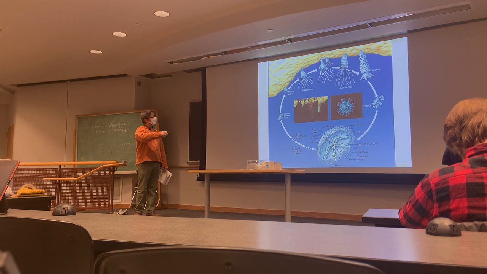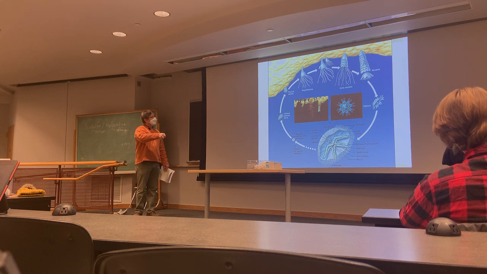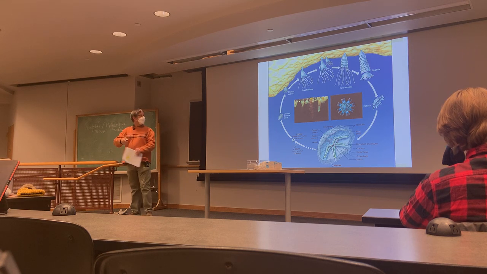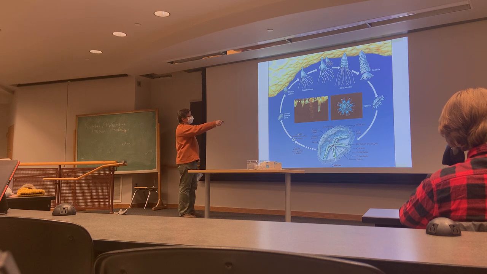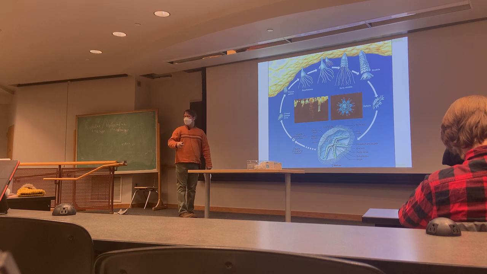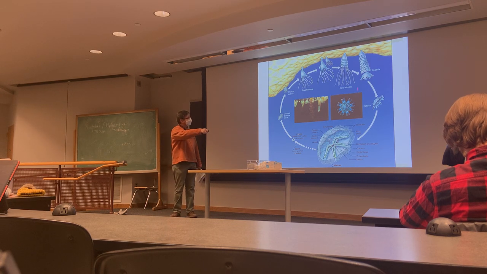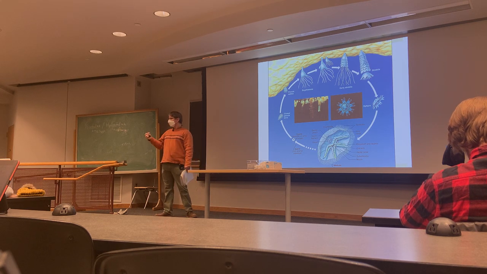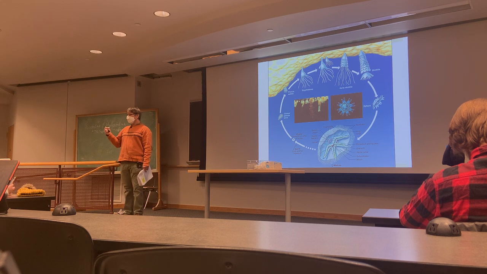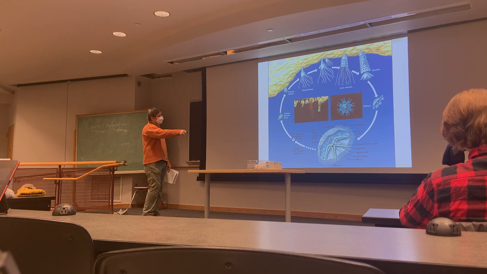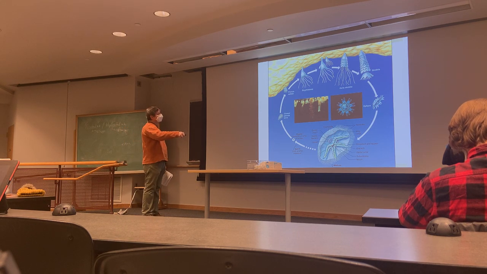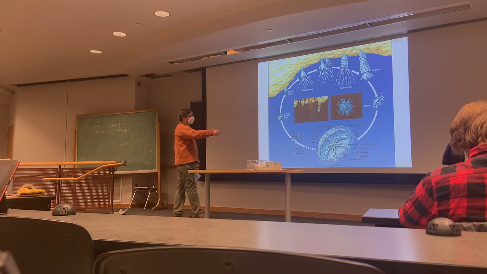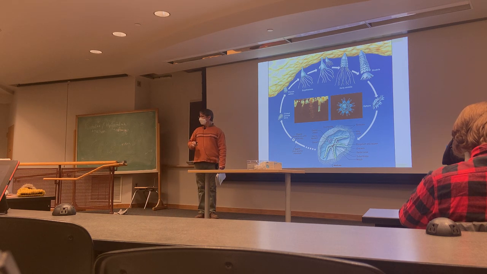It forms these strobili, in which all these different layers are the young medusoid stages. Once they emerge and are individual, they're known as ephyrae, singular ephyra, a small, immature medusoid form.